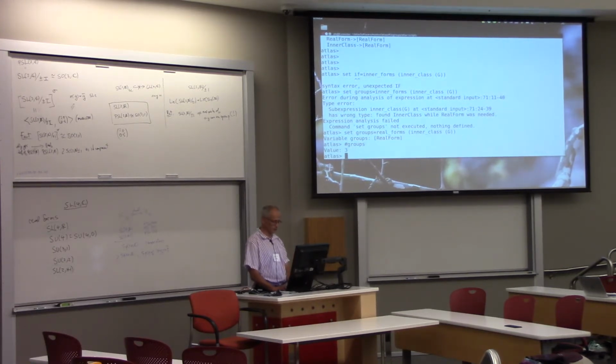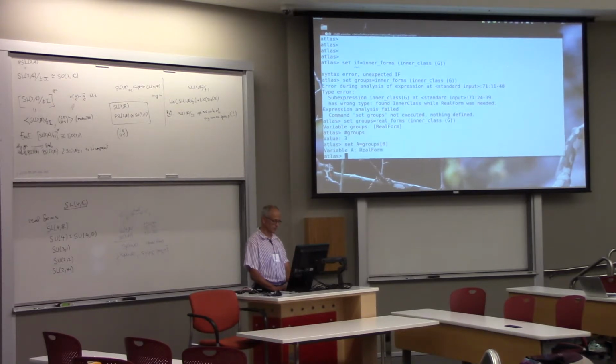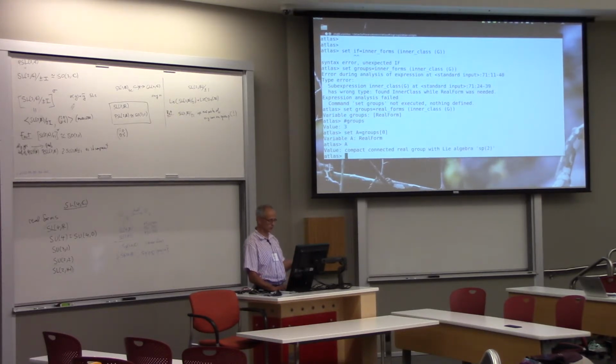And so, for example, I can take A equal to groups bracket 0. A is an honest-to-goodness group that Atlas can work with. It's the compact connected group with Lie algebra SP2. It's a compact group. So the real forms command is actually returning a list of groups. The form names is just returning these strings, which is for convenience.